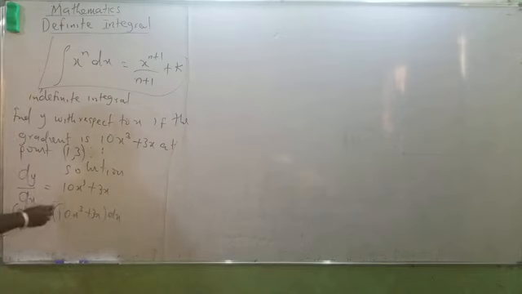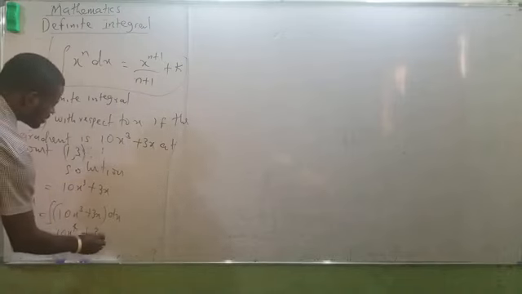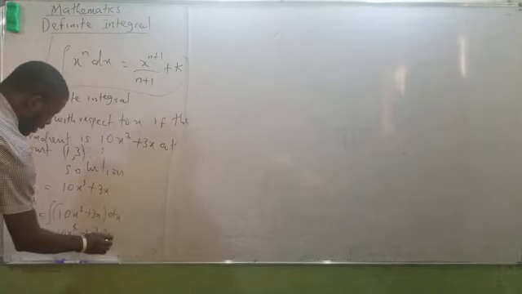Now I will integrate: y equals 10x to the power 3 plus 1, which is 4, divided by 4, plus 3x squared divided by 2, plus k. Now this is indefinite integral.